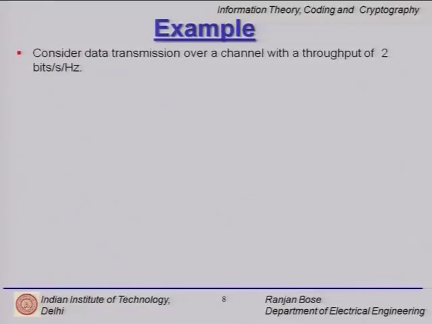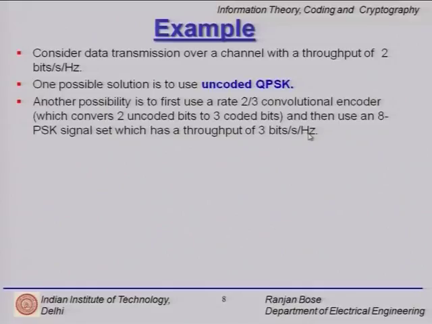So, let us understand this with a simple example. Suppose we are looking at data transmission over a channel of throughput 2 bits per second per hertz. The moment I see 2 bits per second per hertz, my mind jumps to uncoded QPSK, where we have 2 bits per symbol. But we say, wait a minute, we can do this differently.